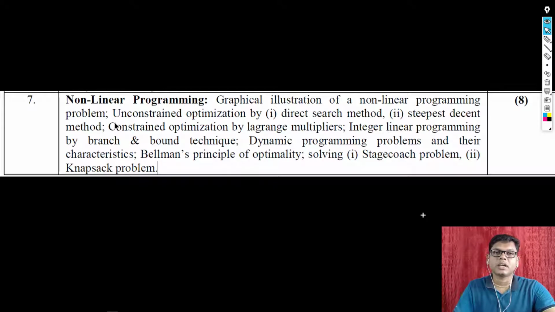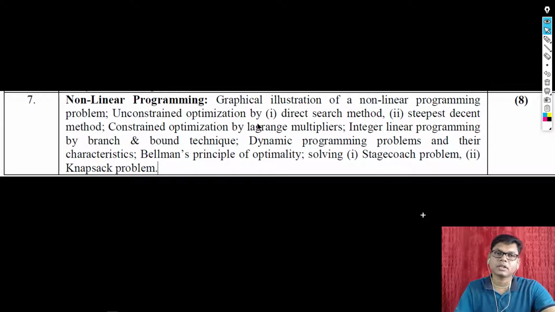Then we will talk about unconstrained optimization. I told you that there will always be constraints, but it may not have any constraint also, so that problem is called an unconstrained problem. That kind of problem we will see in unconstrained optimization.